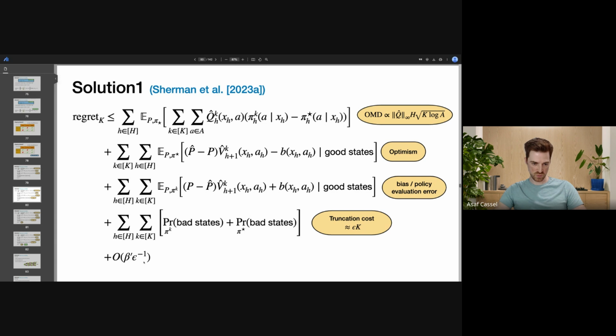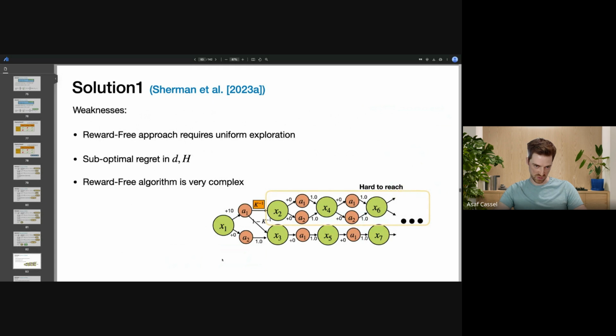On the other hand, we also have this warm-up in the beginning, and like I explained roughly, this would take epsilon to the -1 rounds of warm-up to get the initial data set. So overall, you can choose epsilon to be about 1 over square root of k, and this will balance out these terms to give you overall square root of k.